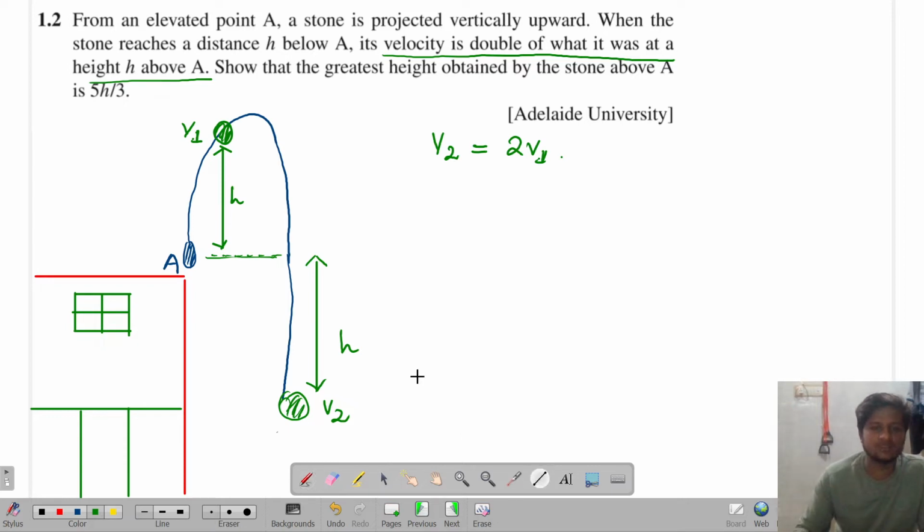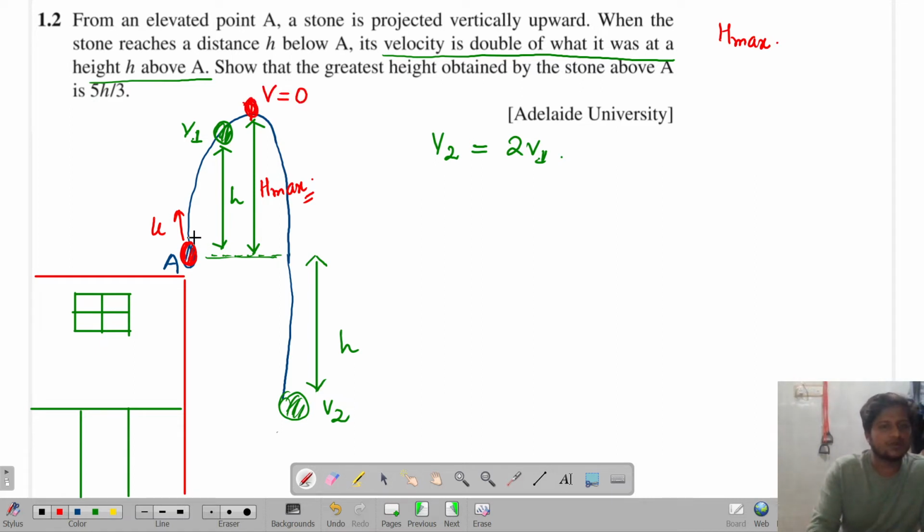Now, if this is possible, then it is asking to find the h max. Find this particular h max over here. Now, to calculate h max, first you should be aware of the initial velocity, or not? Tell me yes or no. If I know my initial velocity, then I know that for h max, the final velocity at this point will be equal to 0.